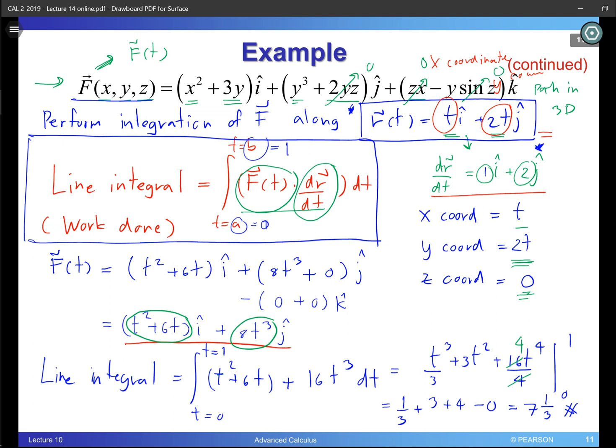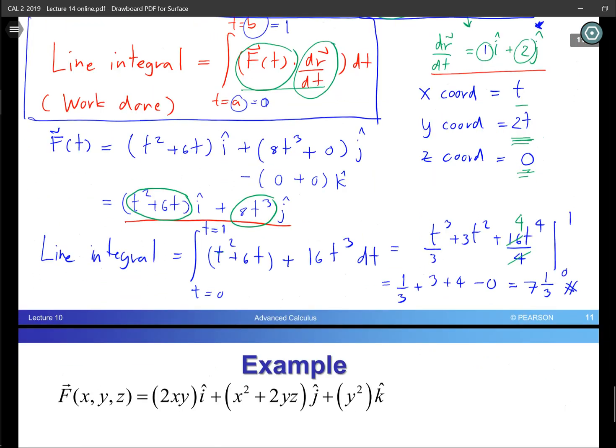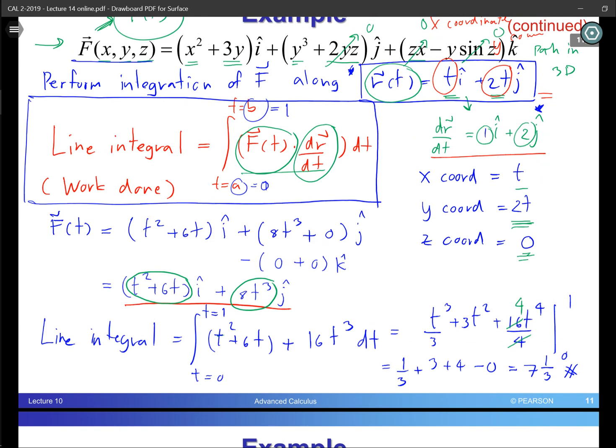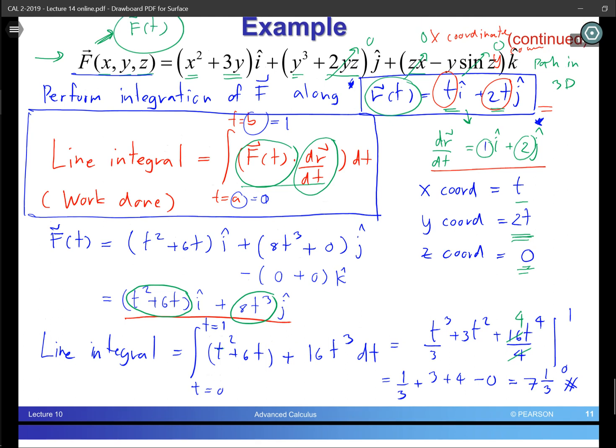But in the end, you need r(t) and you need F in terms of t in order to carry out the calculation. So that is the line integral of this vector field over the path that we are interested in.